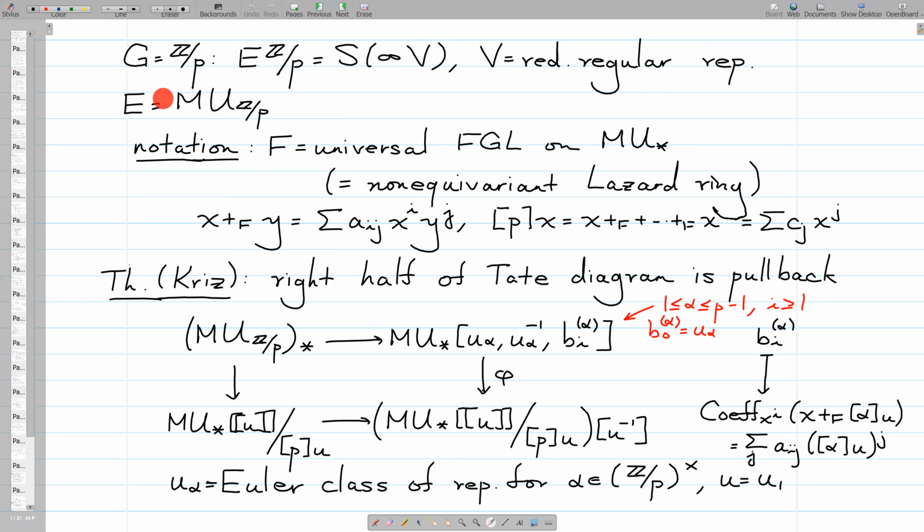And if we take the spectrum to be the Z mod P equivariant MU complex cobordism, then what Chris did is to say that the Z-graded coefficients of MU Z mod P can be written as a pullback of this square over here.